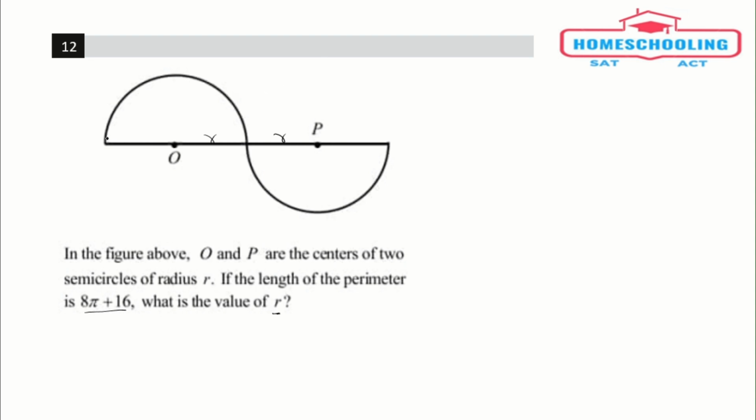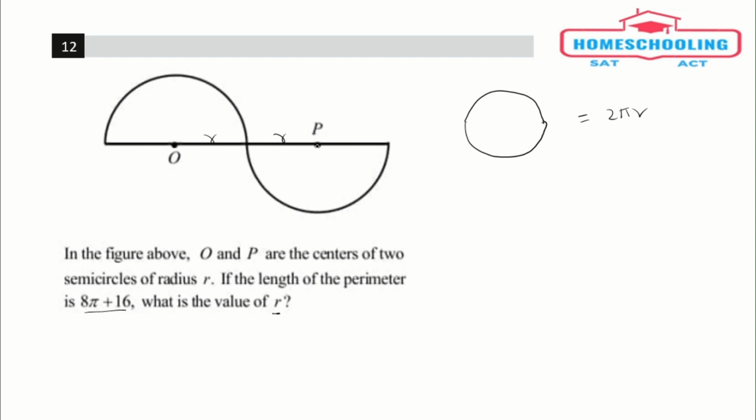So if this is your semicircle, and if you take the lower one, this will go like this. The perimeter of this would be equal to the circumference, that would be 2 pi r. Now we have gone from here to here. Now we have to go from here to here.